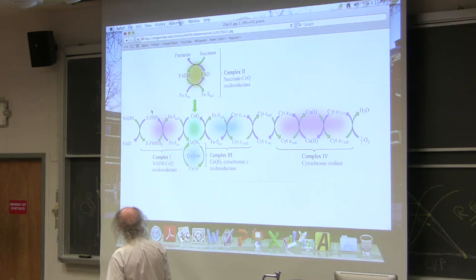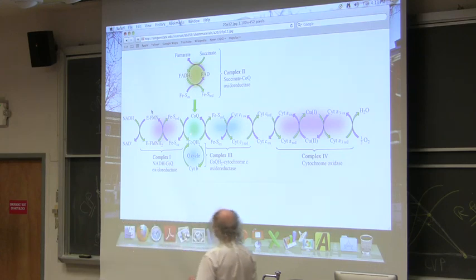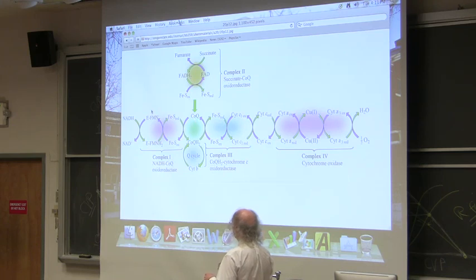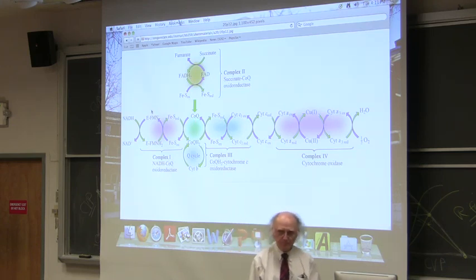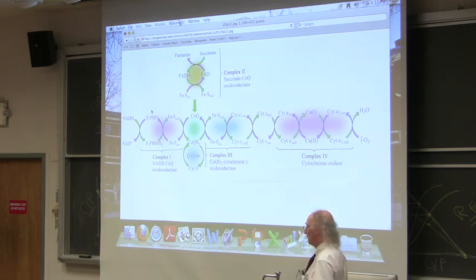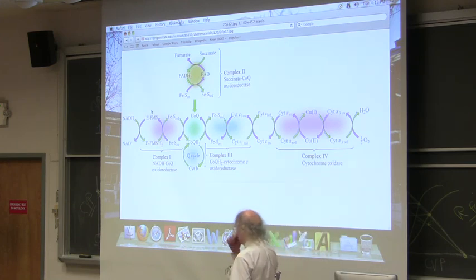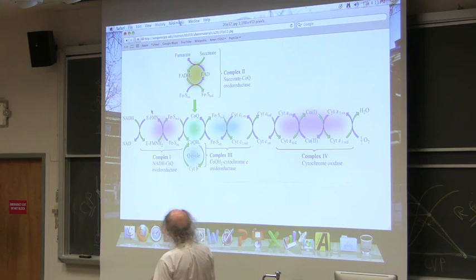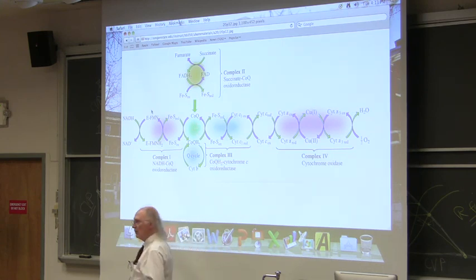Complex 1 gets the electrons, and then it passes the electrons onto something called coenzyme Q. That's CoQ right there. And then coenzyme Q takes and dumps its electrons into this monstrosity over here that we'll call complex 3.